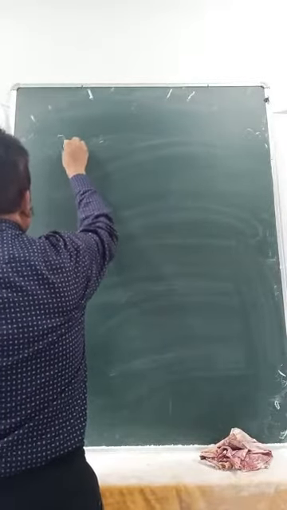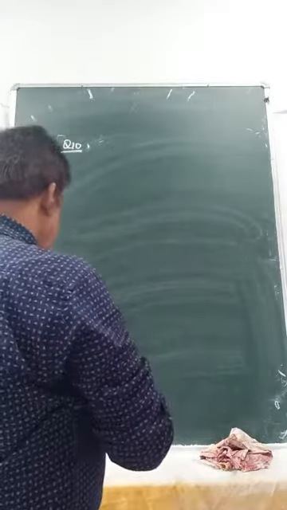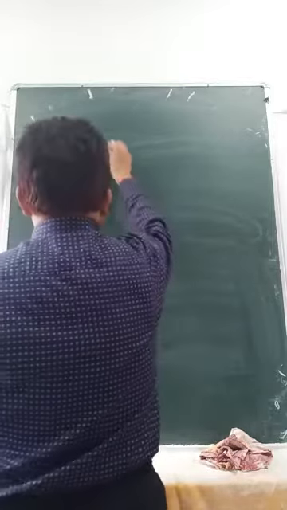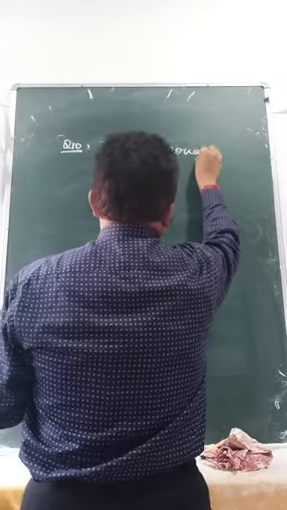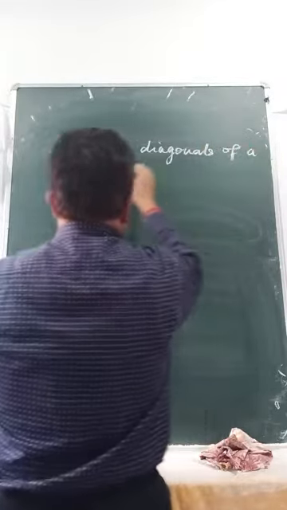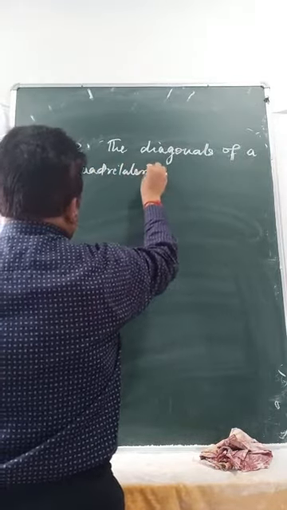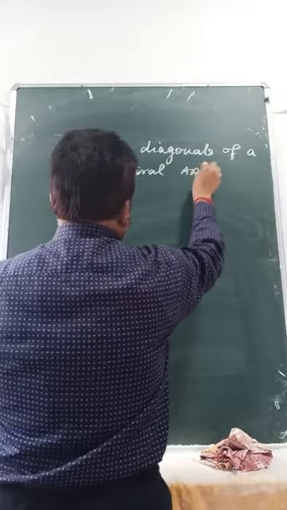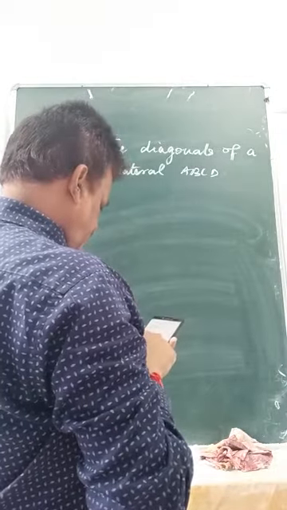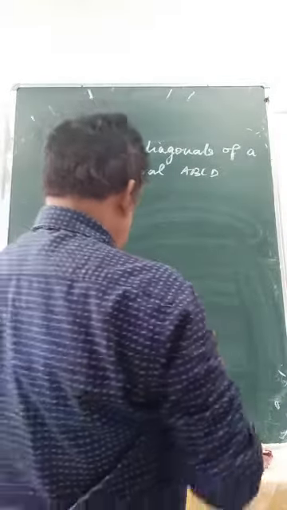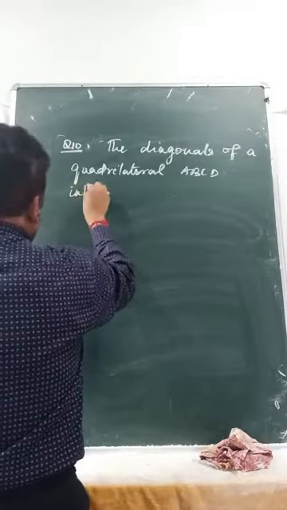The diagonals of a quadrilateral ABCD intersect each other at the point O. Means just the reverse.